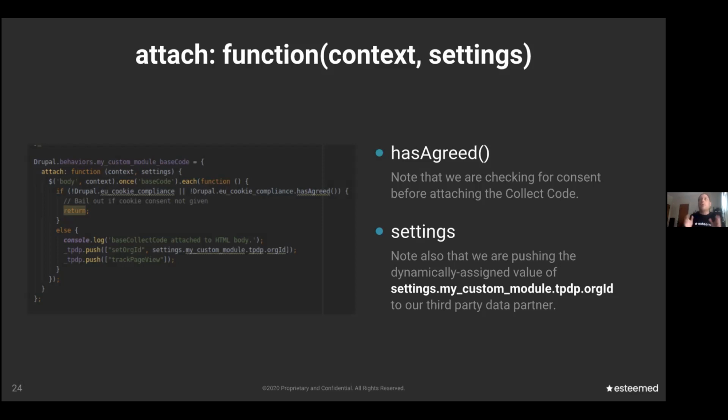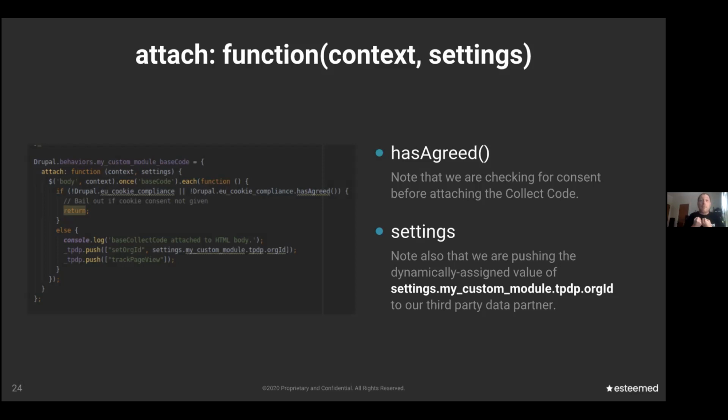And then I'm going to push set org ID, but instead of only having one value in my JavaScript, like 1, 2, 3, 4, 5, 6, 7, 8, 9, whatever that was, now I'm going to be able to get a different value conditionally, depending on what my PHP code said back in the module file where I was attaching this with hook page attachments. And it's passing it to settings, my custom module, .tpdp.org ID.